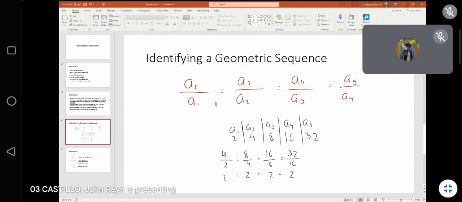In a geometric sequence, we have terms like A sub 1, A sub 2, A sub 3, A sub 4, and so on. And when you divide each term by its preceding term, they all have to be equal. So if you divide A sub 2 by its preceding term, A sub 1, it should be the same as A sub 3 divided by A sub 2, and so on.